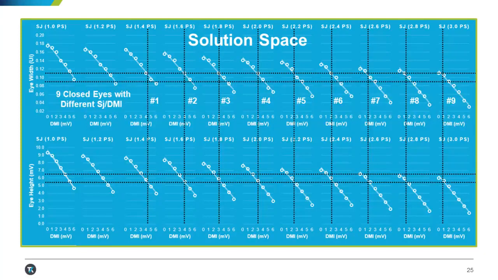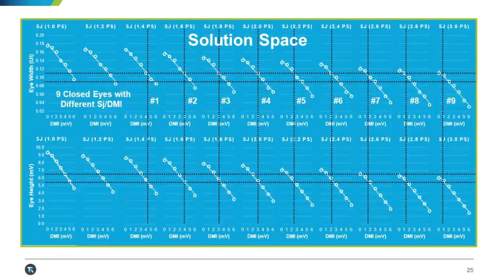Every vertical black line here is a solution, right? So this shows that there's a healthy solution space. Of course, there's tiebreaker criteria defined. The top row is looking at eye width, and the bottom row is looking at eye height. Every individual plot is a different amount of sinusoidal jitter, and on the x-axis we're sweeping differential mode interference.